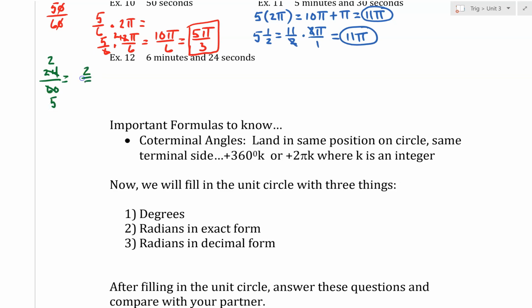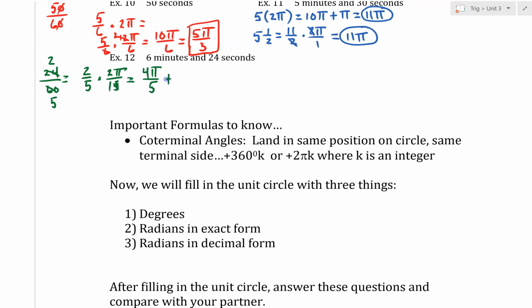So 2/5 would be this one. Then you multiply by 2 pi, which gives you 4 pi over 5.